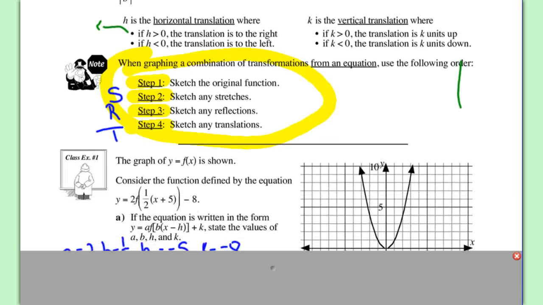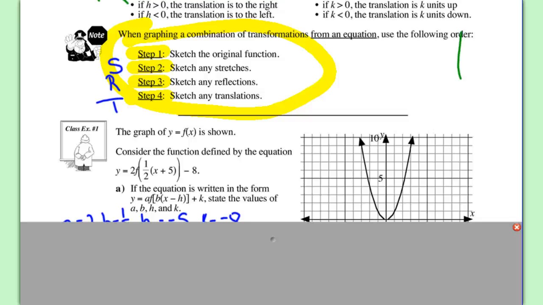So in the first question, what are these numbers? Take note that because we know that these things work opposite to the way they are, there's a standard that says, if the equation is stated as y = af(b(x - h)) + k, what are the values of a, b, h, and k?